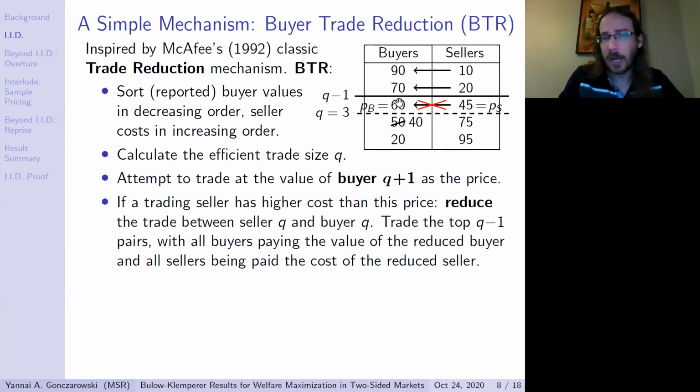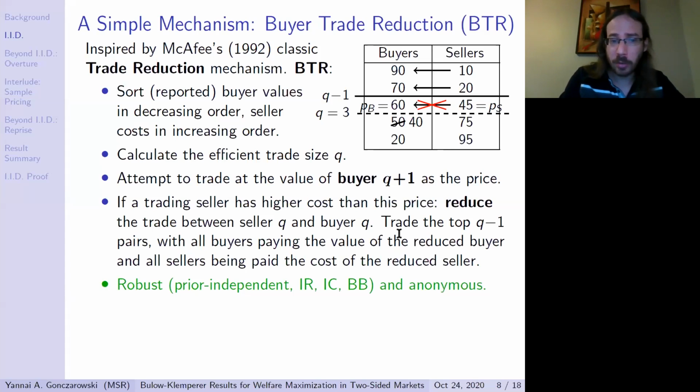And this is always fine because the reduced buyer is less than all remaining buyers, and the reduced seller is more than all remaining sellers. So this is always fine. And this is the mechanism, and it turns out to be prior independent. As you saw, I did not have anything here depend on any underlying distribution. It's individually rational. As we constructed the payments, no seller is ever going to be paid less than their cost.